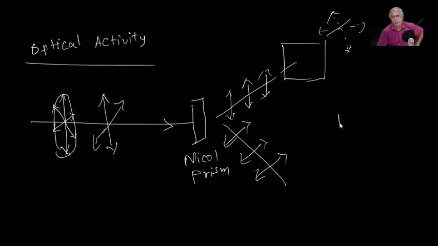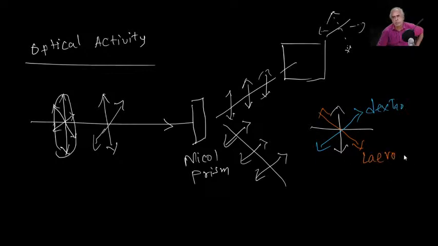So this vertically plane polarized light can be rotated in this way towards right. When it is towards right, it is called dextrorotatory. When it is rotated on the left side, it's called levorotation. Levo means left. And based on that, the isomers are named.